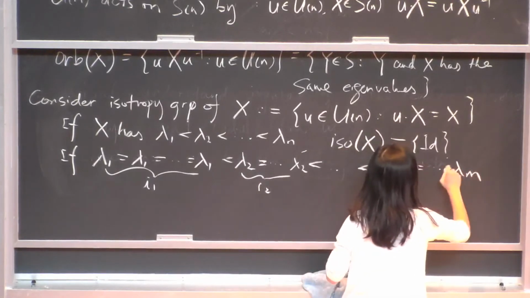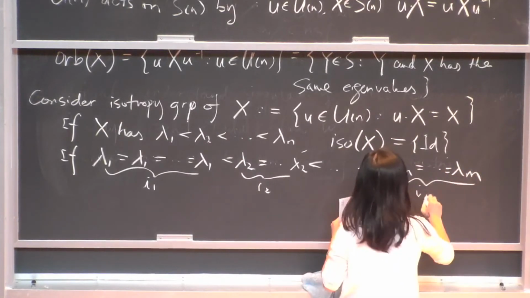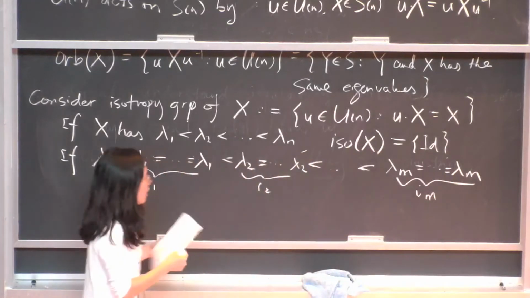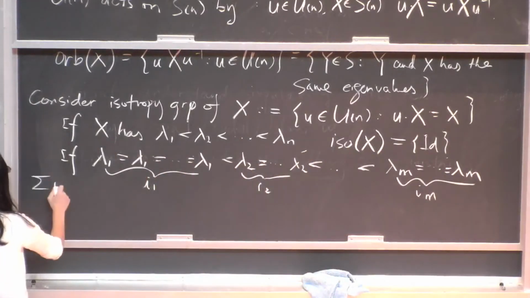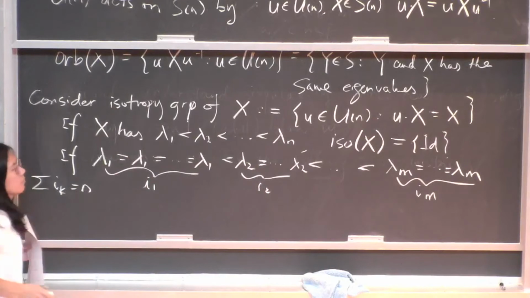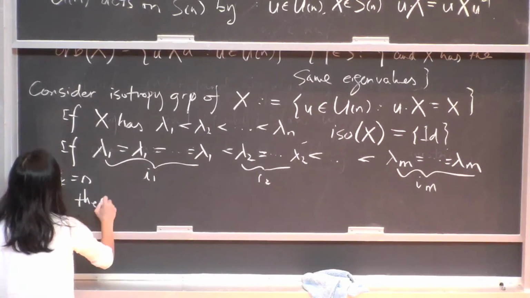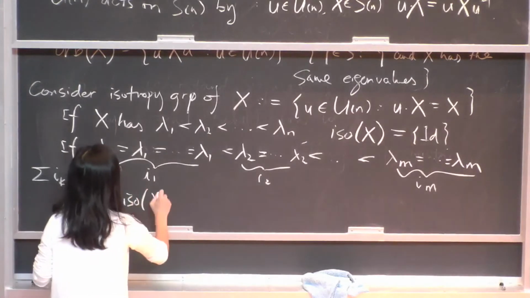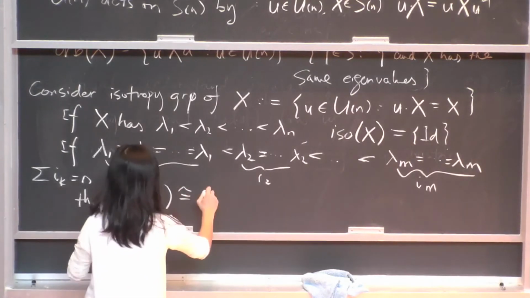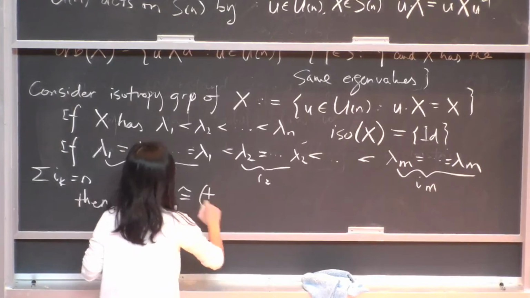So suppose it has some clusters which should satisfy the sum of the I_k equals n. Okay. Then what's happening here is that the isotropy group of X is really isomorphic to a bunch of small groups.